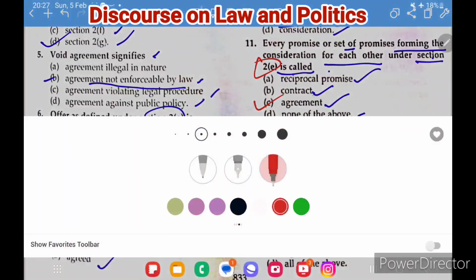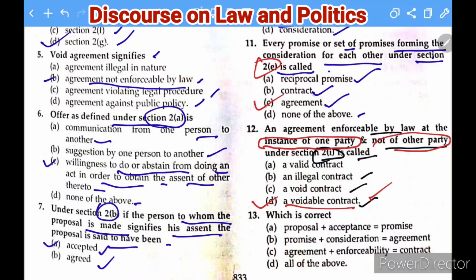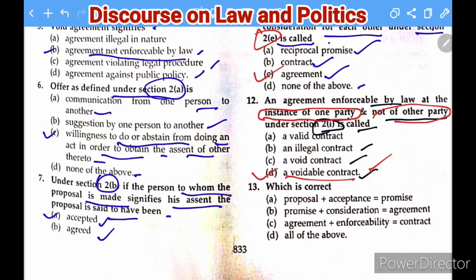Moving to the next question. Which is correct? We have to see here: A, proposal plus acceptance becomes a promise. B, promise plus consideration becomes the agreement. C, agreement plus enforceability becomes a contract. And D, all of the above. Give your answer. Waiting for your response.